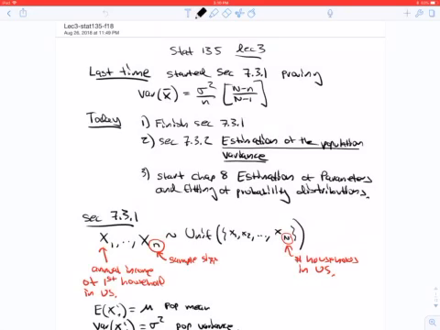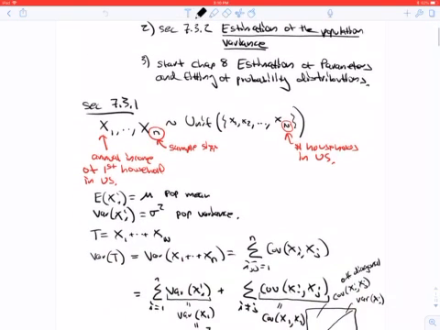Well, today we're going to finish that, and then we're also going to look at an estimation of the population variance. So sigma squared, generally we don't know, and we need to estimate that. And then we're going to start chapter 8, which is about estimating parameters and fitting probability distributions.